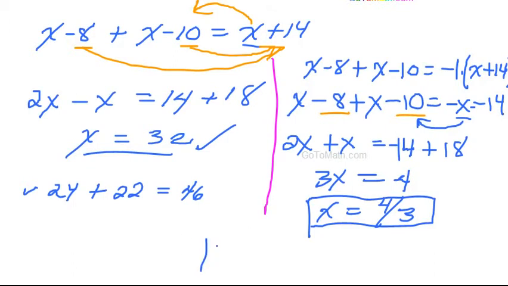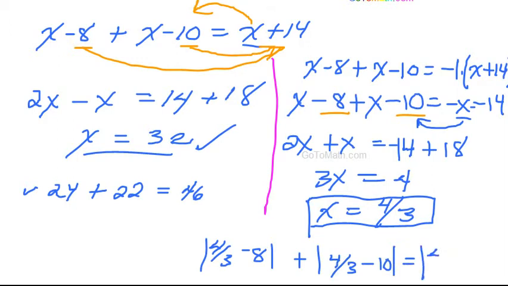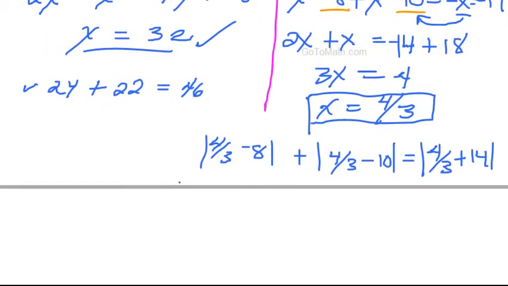We got the absolute value of 4/3. I should probably just write this out, plus 4/3 minus 10. That should be equal to 4/3 plus 14. If it's not, then that's not a solution to our equation, is it?